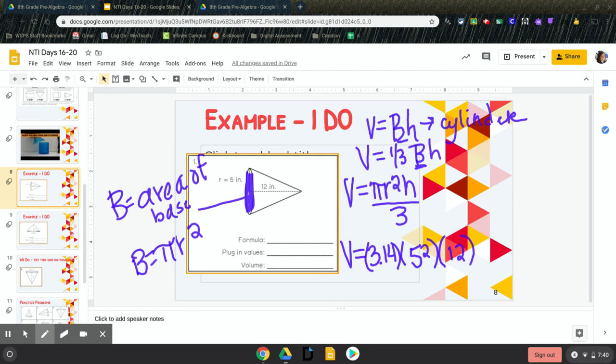So your formula is volume equals area of the base times the height divided by 3. You'd plug in your values, which we did right there, and you would get 314. These are inches, and we make these cubed. So 314 inches cubed.